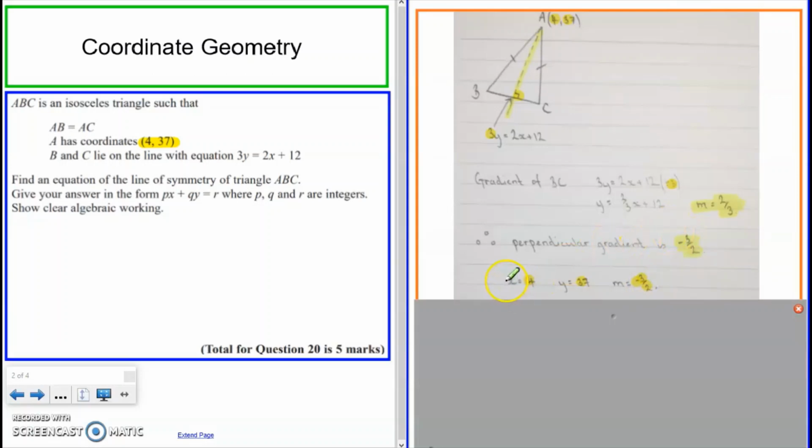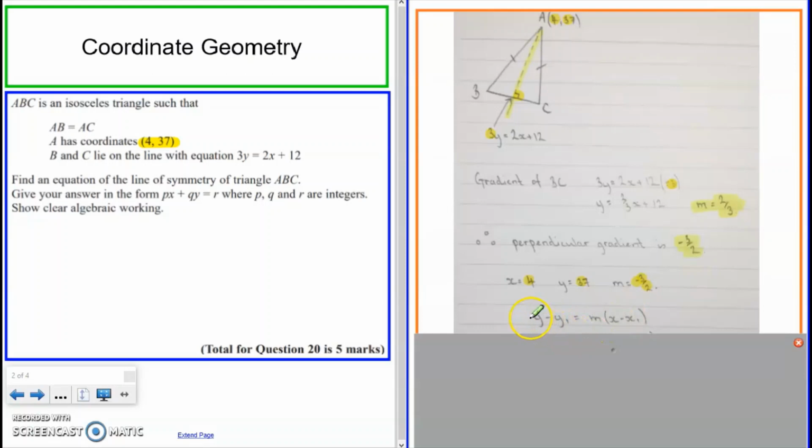So with the information, an x value, a y value, and an m value, remembering that m stands for gradient, I can substitute those 3 values into the equation of a line: y minus y1 equals m(x minus x1). At this point, you may have used y equals mx plus c, substituted in your values and solved for c.